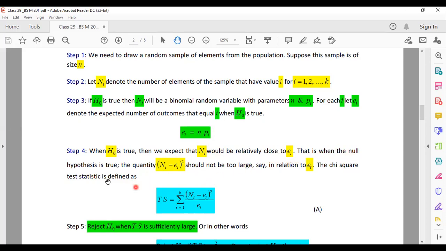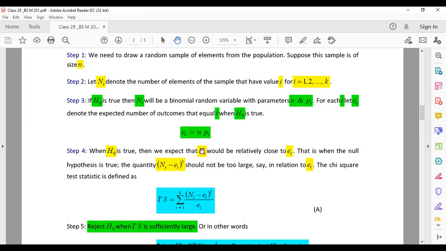That is when the null hypothesis is true. The quantity Ni minus Ei whole square should not be too large. Now, what is this Ni minus Ei whole square? Whenever we consider the observation xi and the mean x bar, we do not actually consider their deviation as xi minus x bar, because in the deviation, some positive values and some negative values may arise.